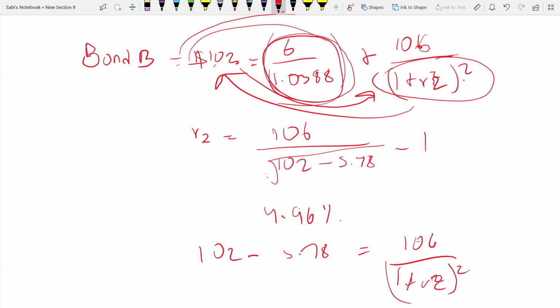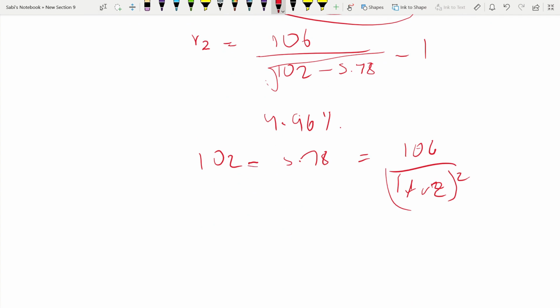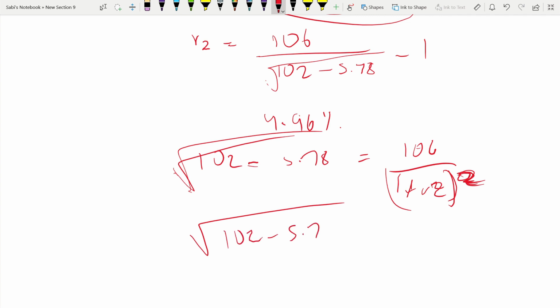Because this is to the power 2, you want to remove this square. To remove the square, you take the square root, because the power 2 becomes the square root when you bring it to the other side. So the square root of 102 minus 5.78 equals 106 divided by 1 plus R2 only.